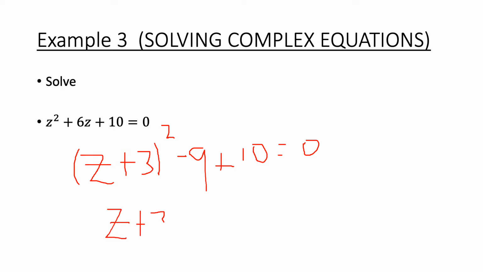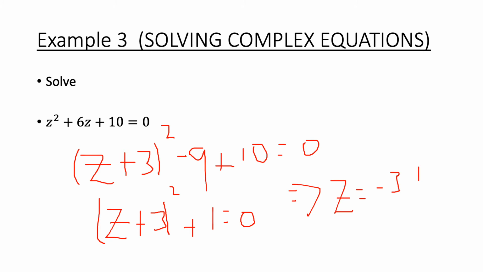So I'm going to get this, plus 1 is equal to 0. Rearranging this, I get z is equal to minus 3 plus or minus the root of minus 1, which is minus i. So plus or minus 3i. So that is my solution, guys, for this one here.